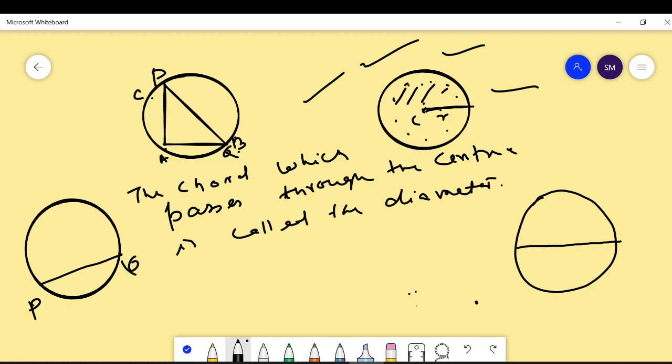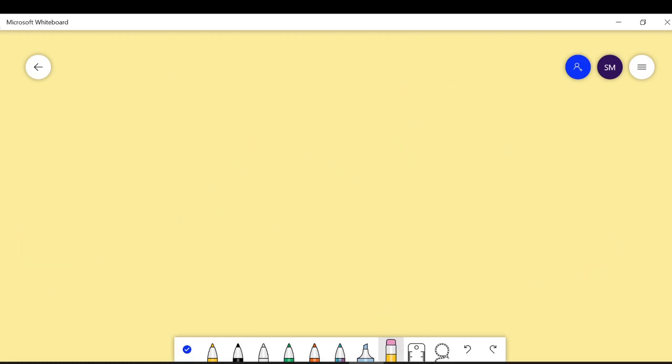Then suppose this is a circle and this is a chord PQ. I will draw in the next page. Suppose this is a circle and PQ is a chord.